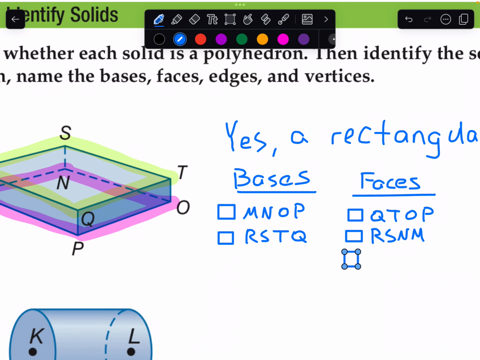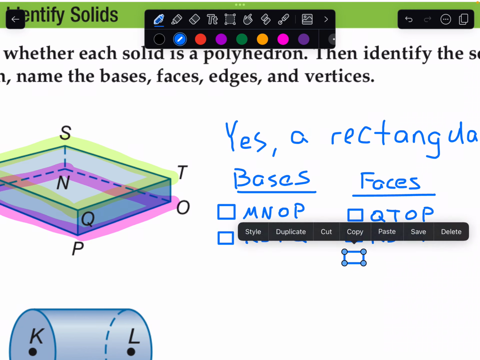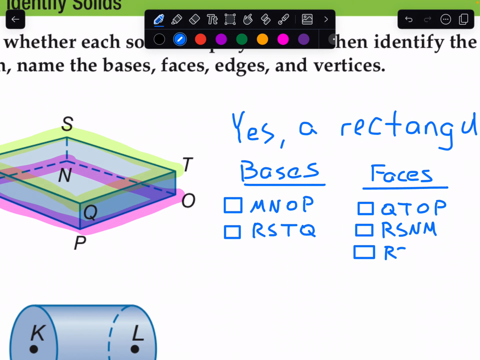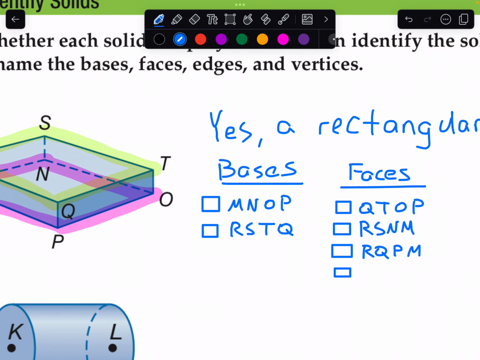And we also have the sort of left-facing side here, RQPM. And then at the back right, STON. And don't forget that these 2 bases are also faces as well, but I won't duplicate my list here.